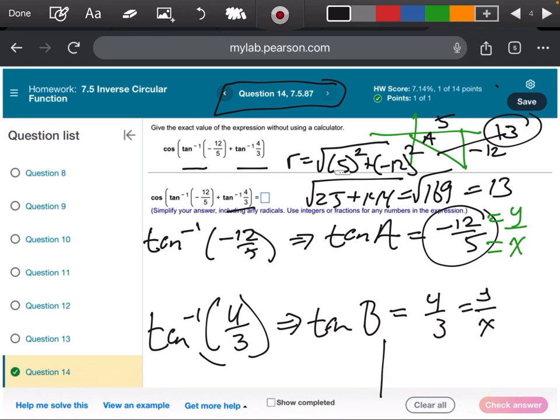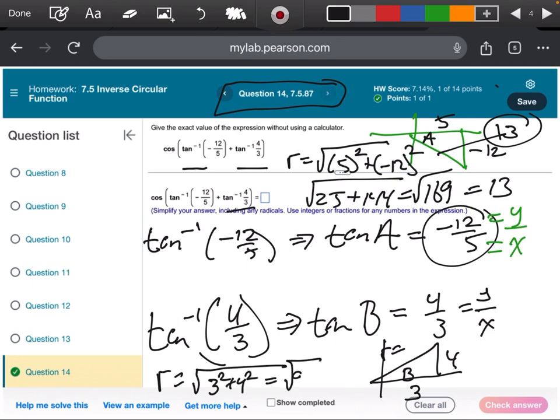So I'm going to draw an angle and call this angle B. We know that this is 4 and this is 3, and we want to find a value of r. So r is equal to the square root of 3 squared plus 4 squared, that's 9 plus 16, the square root of 25. So my r here is going to be 5.